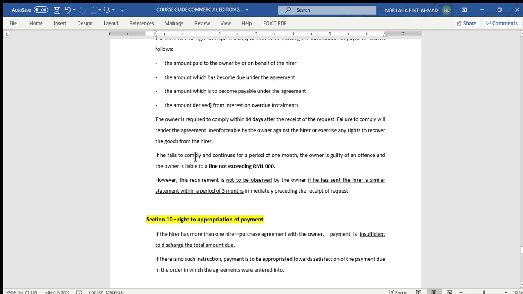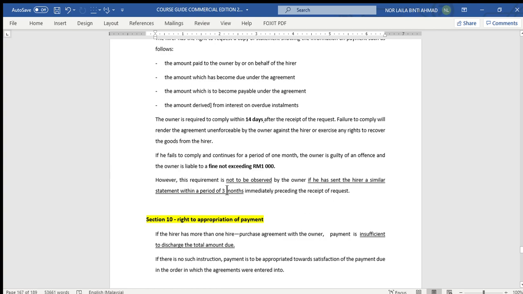If he fails to comply and continues for a period of 1 month, the owner is guilty of an offence and is liable to a fine not exceeding 1,000 ringgit. However, this requirement is not to be observed by the owner if he has sent the hirer a similar statement within a period of 3 months immediately preceding the receipt of the request.